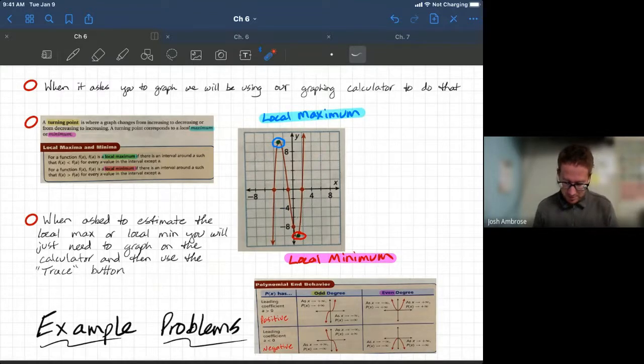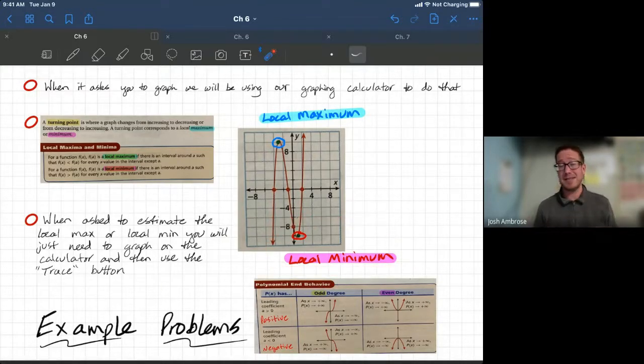So we're talking about this guy right here. It goes up, reaches a point, and then drops back down again. That's a local maximum. A local minimum point is when it drops down, reaches a bottoming out point right before it comes back up. So that's this guy right here.